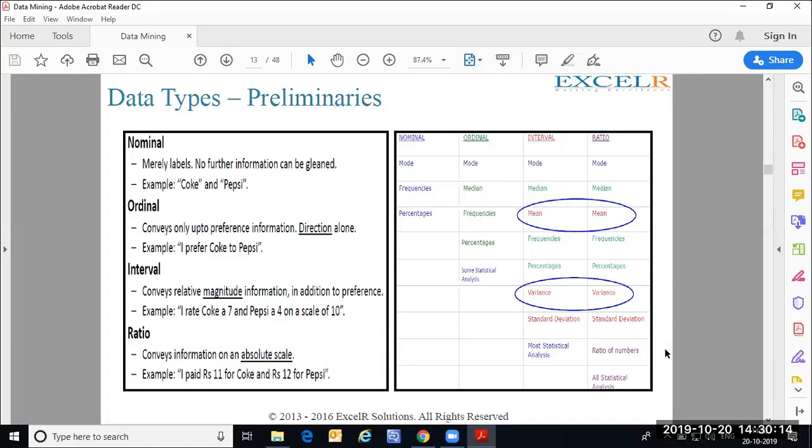Thereby, I can choose one which would have been better, right? So this is called ordinal scale. So moving from nominal to ordinal, you will have the preference or the direction associated along with the labels or the names. Thereby, it gives a bit more information than the nominal scale.